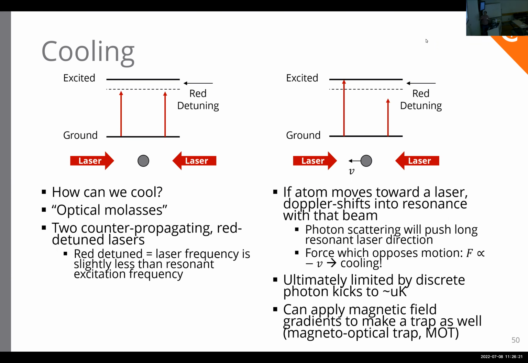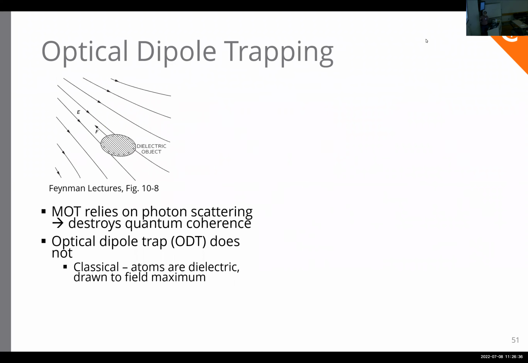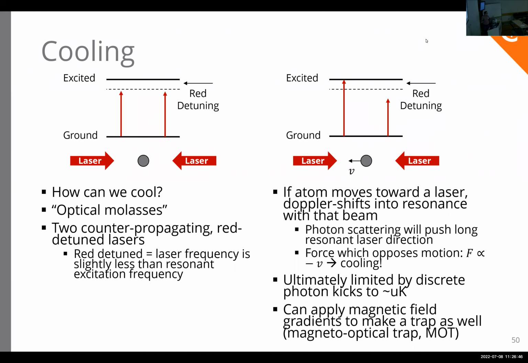So these were great. These are very, very common things these days. It's not even uncommon in an undergraduate physics lab to make a magneto-optical trap of an atom. It's very cool. There's a drawback though. Those are usually used as a starting point for experiments.